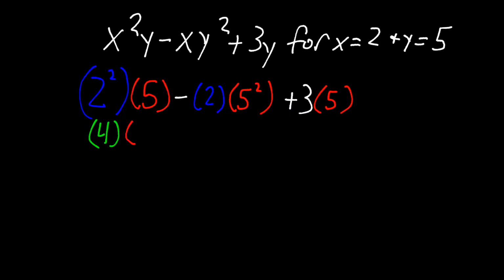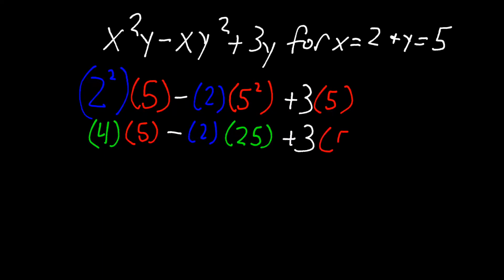times 5, minus 2 times 25, because of 5 squared, plus 3 times 5. Okay, now we can follow our order of operations again and do our multiplication from left to right.